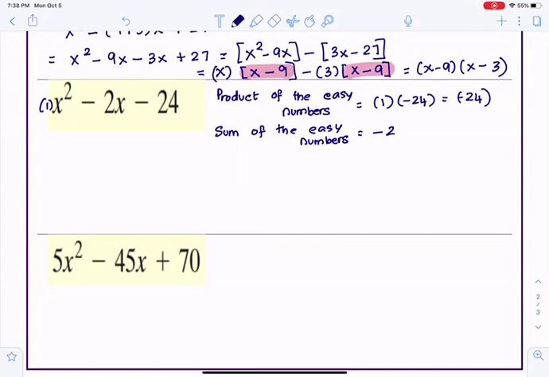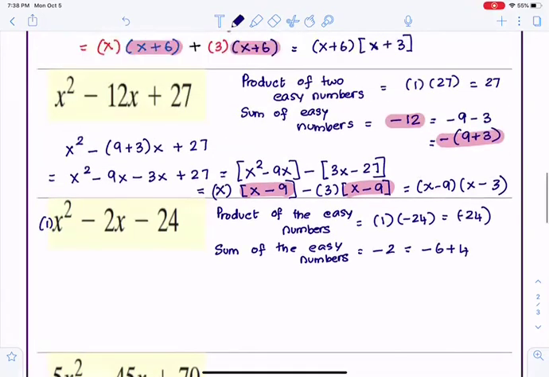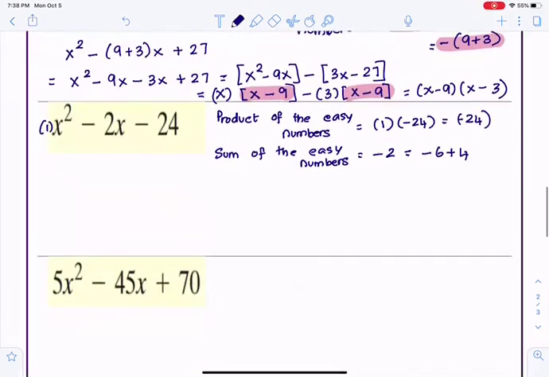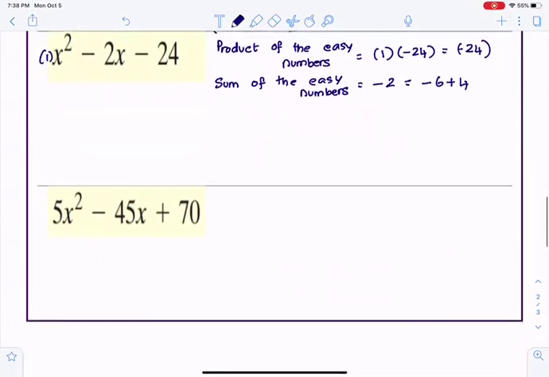But if you think about it, if I picked 8 and 3, if I said negative 8 and 3, when I add them, I'm not going to get negative 2. But if I picked negative 6 and positive 4, then when I add them, I will get negative 2. And the product of negative 6 and 4 is negative 24. So the two numbers have to be negative 6 and positive 4.